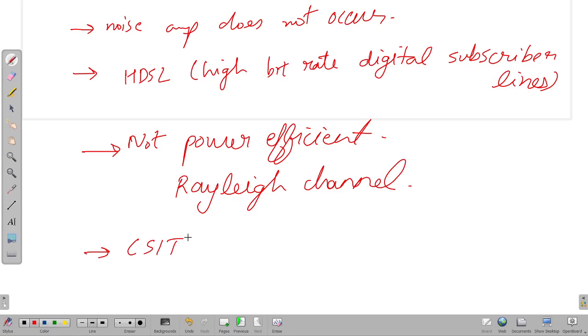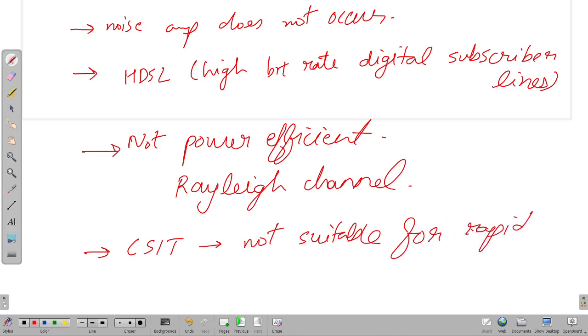And this is difficult, and that itself will consume some data rate, and that itself will consume some time also, since the receiver needs to send the channel state information back to the transmitter end. So it is not suitable for channels which vary fast, for rapidly varying channels.